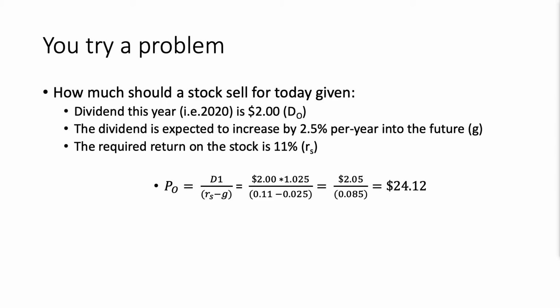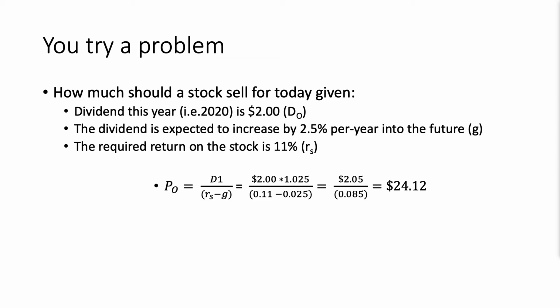Then in the denominator, we take the required return minus the dividend growth rate of 2.5%. That stock today is worth $24.12. If somebody buys the stock today at that price and collects the dividends going forward, she or he should get an 11% return.